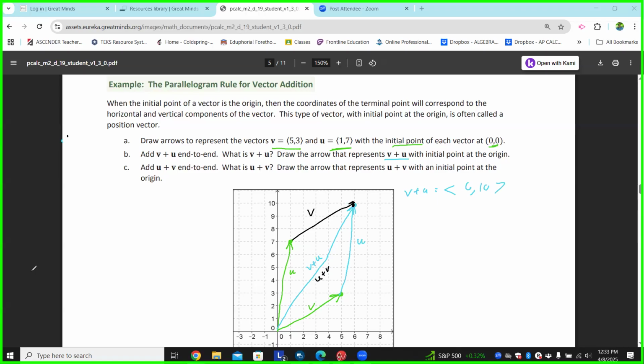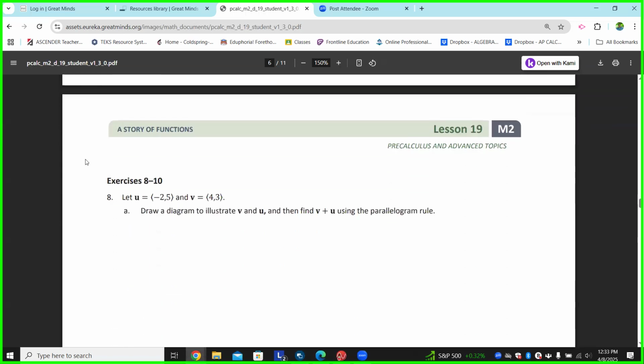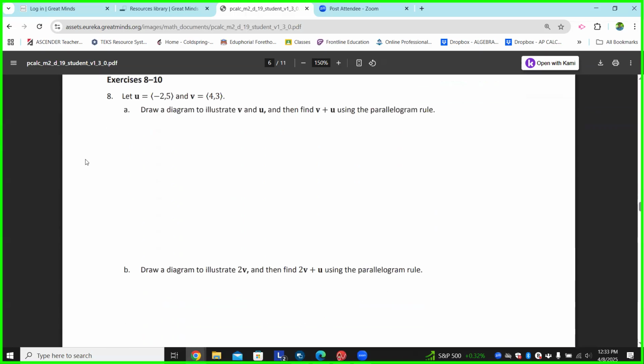All right, so there you go. So that is this parallelogram. If you take the U plus V and the V plus U and you graph both of them together, it can actually produce a parallelogram. So let's put that to practice real quick. That was just an example. In exercise 8 through 10, we're going to let U be a vector, V be a vector.